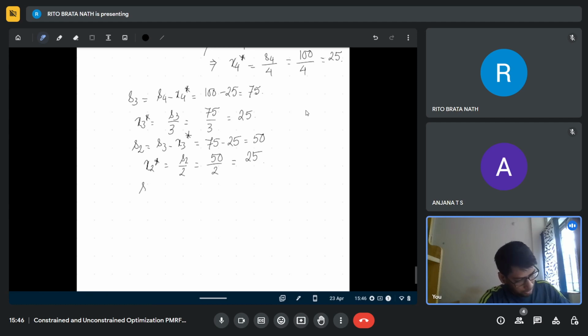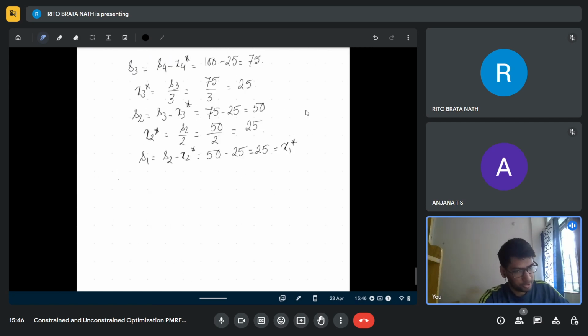So that gives you your s1 as s2 minus x2 star, which is 50 minus 25 equals 25, which is also your x1 star. So the solution that you are getting is all 25.